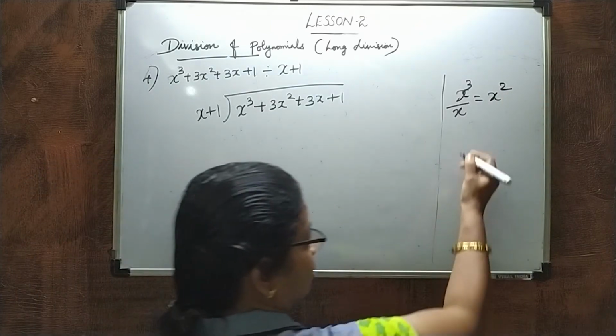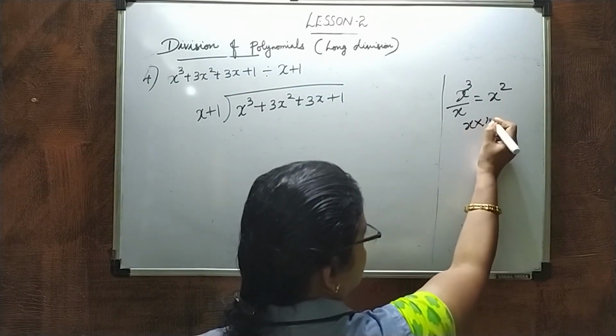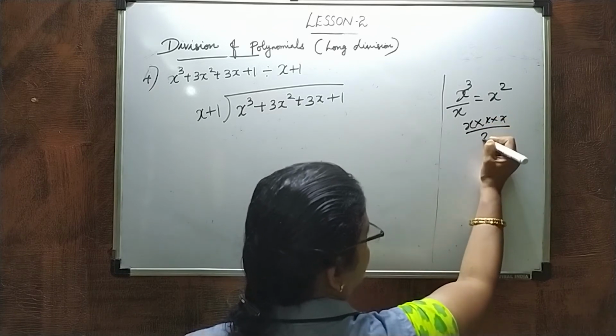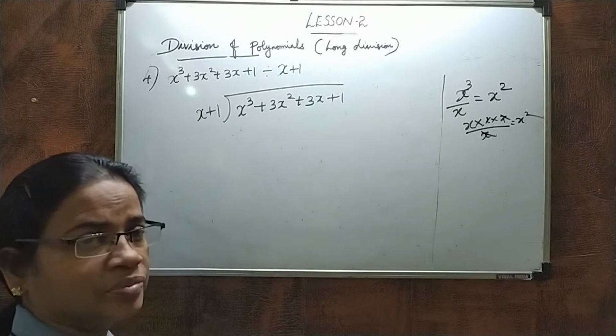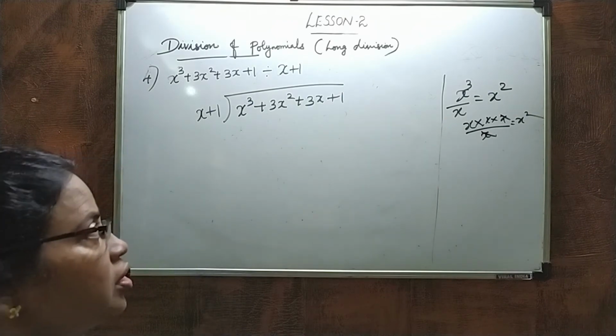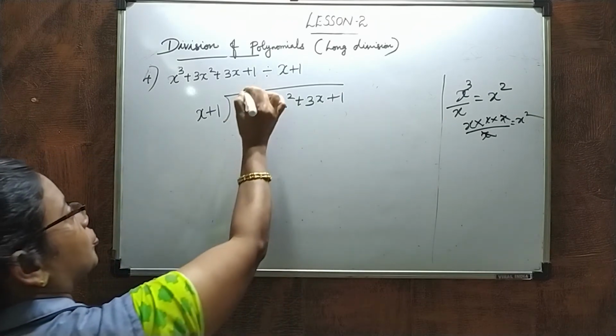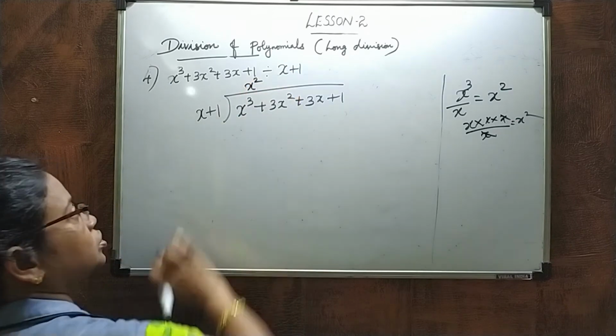Or otherwise, x cube means x into x into x, divided by x. Cancel. You will get the answer x square. Same thing you will get. Write on the top. That will be the quotient.